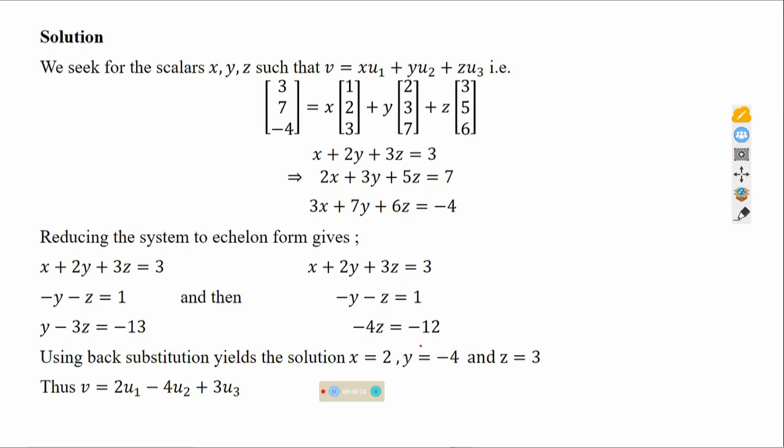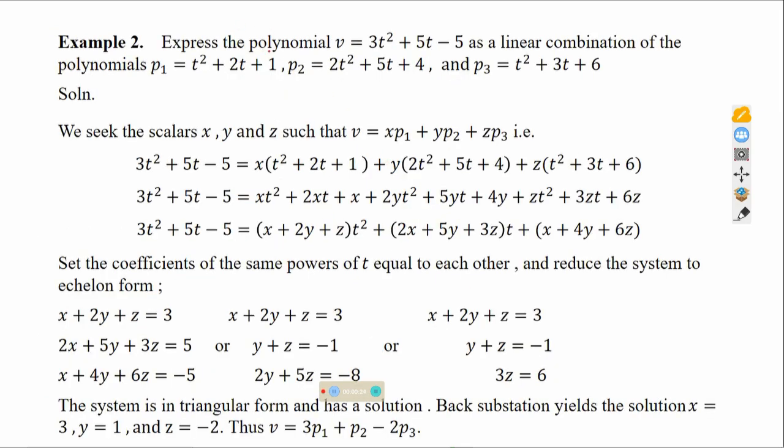So basically, we now want to come at what we call example number 2. In our example number 2, we want to express the polynomial v as a linear combination of the polynomials p1, which is also given as this, p2, and p3.